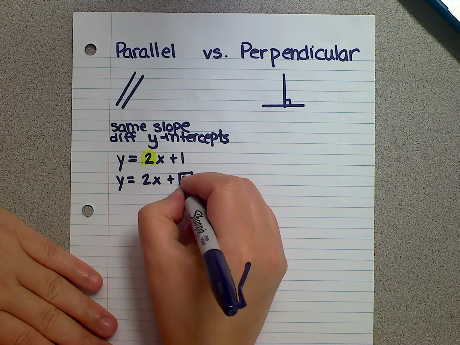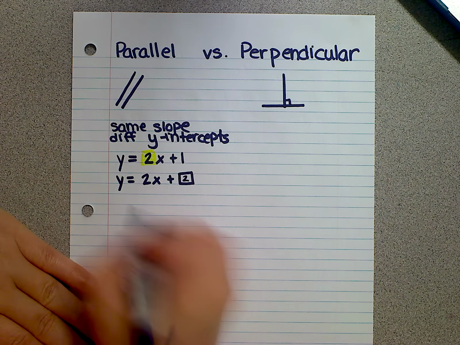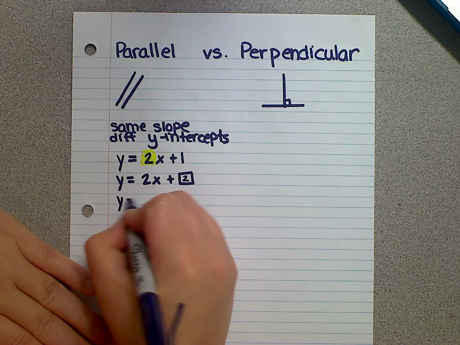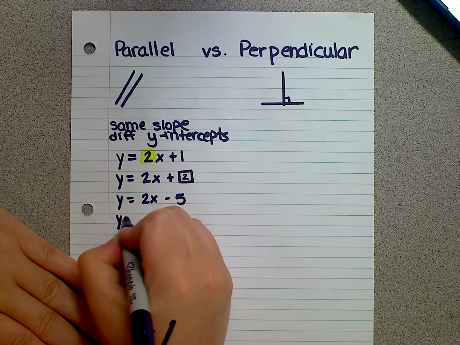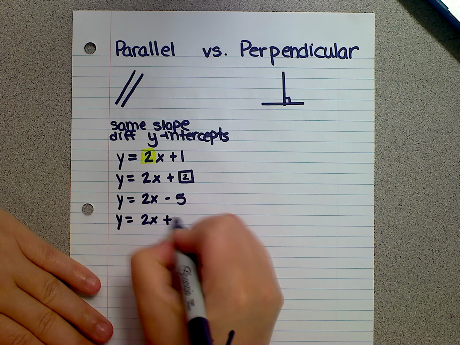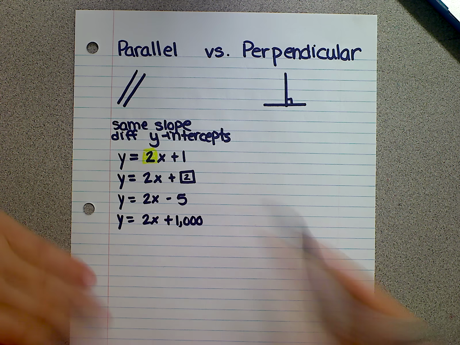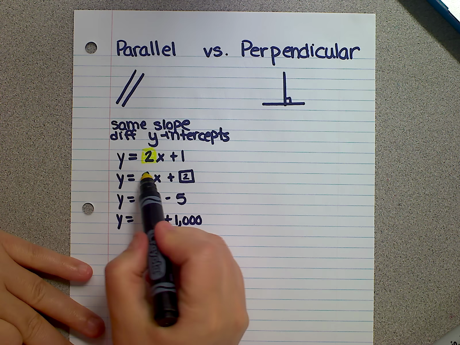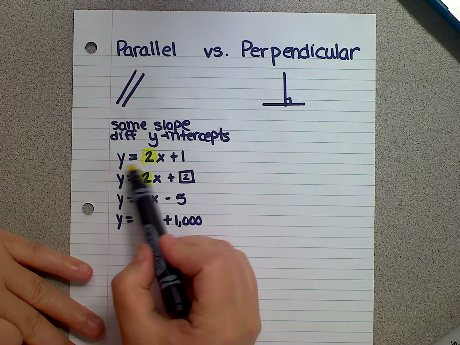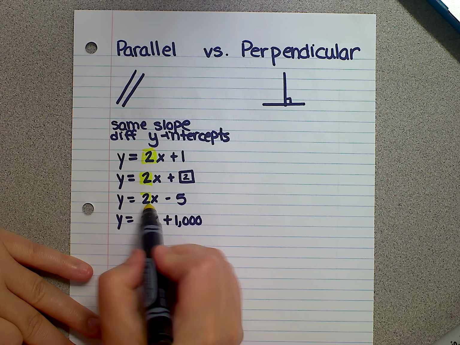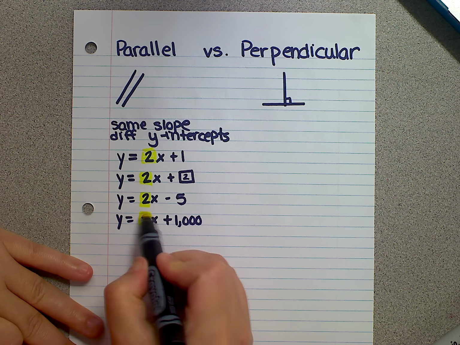So let's say 2. Another parallel line would be y equals 2x minus 5, or y equals 2x plus 1,000. Any number other than 1 would be parallel to y equals 2x plus 1, as long as the slope is always 2.